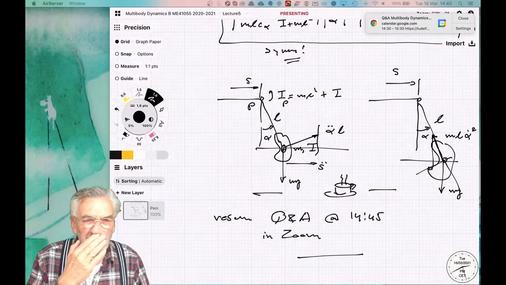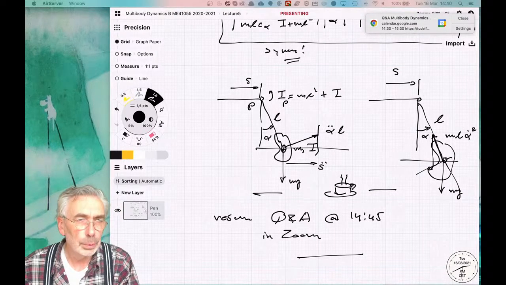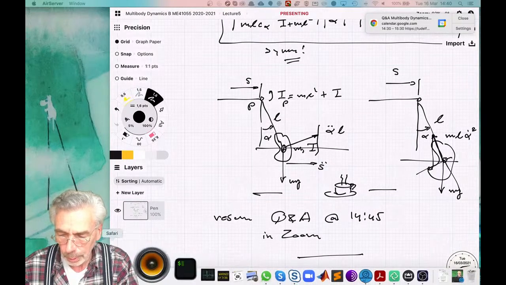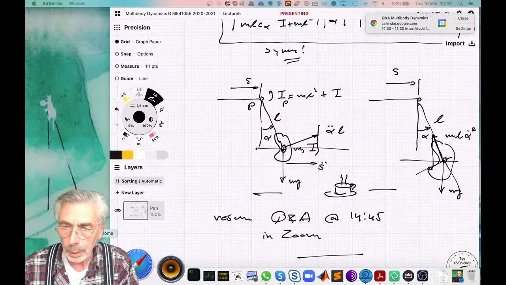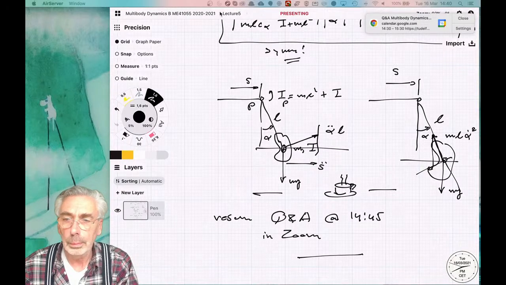Yeah, how do I do that? Well, because then I first stop the recording. I don't stop the streaming, but I start the Zoom and I show that we are in the Zoom. Where am I?